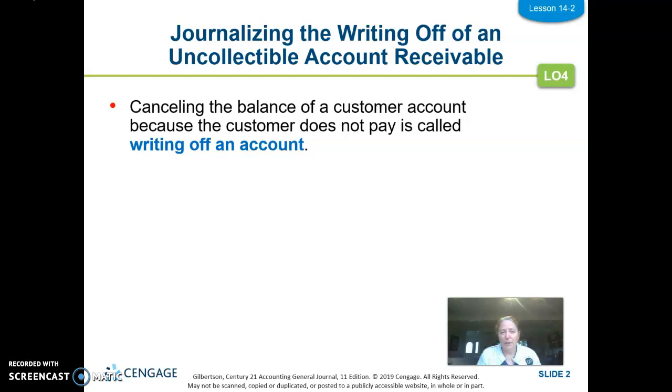But once we've heard that company XYZ is having financial trouble, they've been paying us later and later every month, and we now heard they filed bankruptcy, we don't think we're probably going to be able to collect anything. So we're going to just write off that particular specific customer's account.